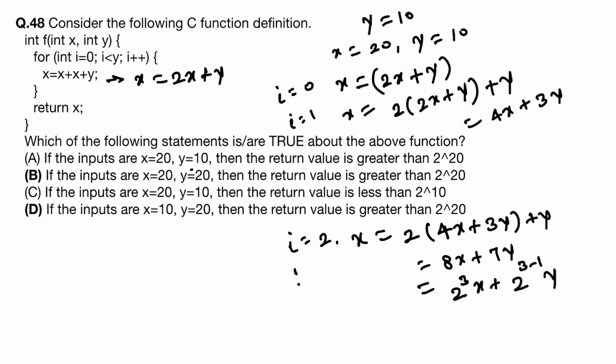Actually, this is 1 time, 2 time and 3 time, so this will go till 10 times. i equal to 9. So in that case, this will be 2 to the power 10 x plus 2 to the power 9 y.